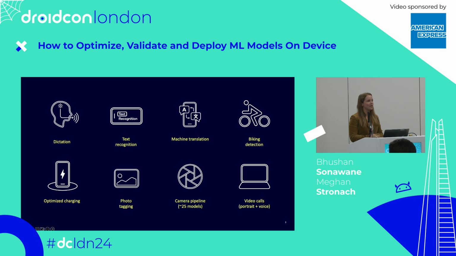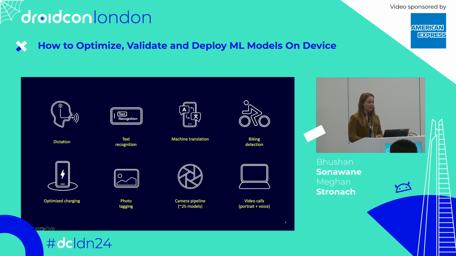There's the very popular large language models, which everyone seems to be talking about these days. It could be something as simple as your Roomba vacuum going around your house and detecting when it's gotten all the dirt. But regardless of what the use case is, we want to make it easy for you to deploy machine learning on device, and not just the advanced developers that have spent hours working on this large language model.